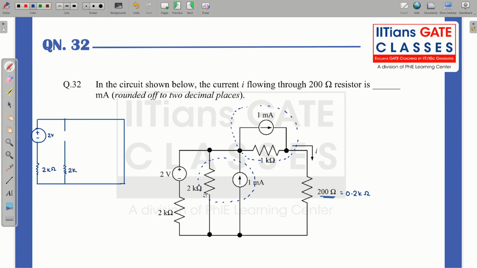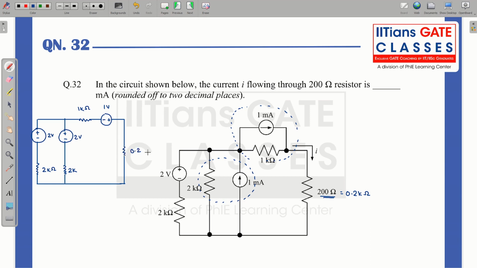You can see this is also 2 kilo ohm, and 1 milliampere is flowing in this direction. So obviously the polarity of the voltage source will be like this. Over here, this is 1 milliampere, so this will be 1 kilo ohm, and the polarity of the voltage source will be like this. So this is 1 volt and this is 0.2.